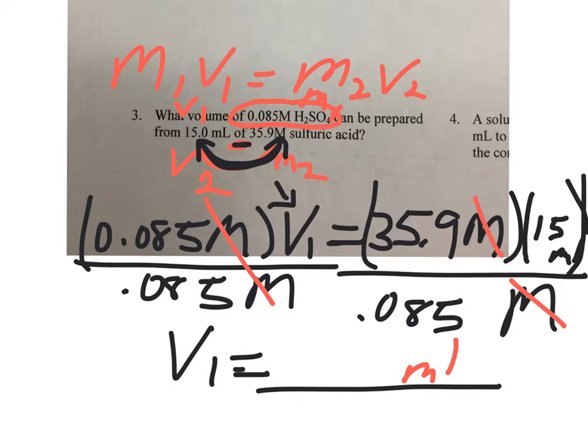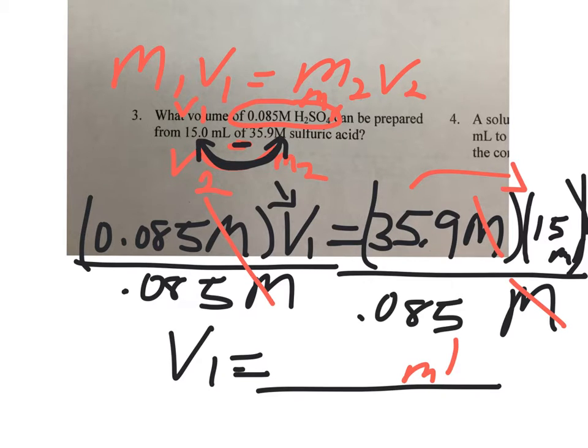So what's my next step there? How are you going to solve this problem? What are you going to do? 35.9. Yep, very good. 35.9 times the 15 equals, and you're going to divide by the 0.085. What does that give me?